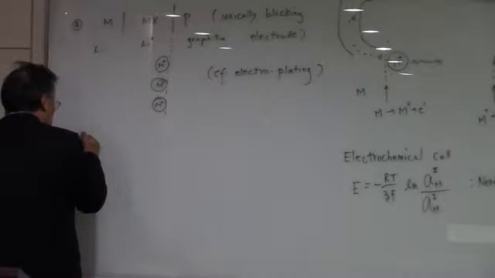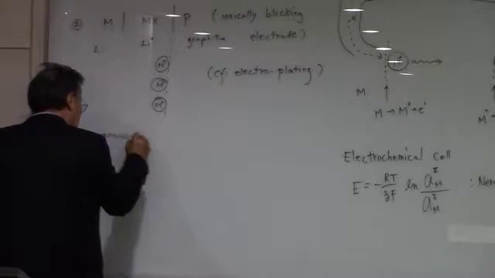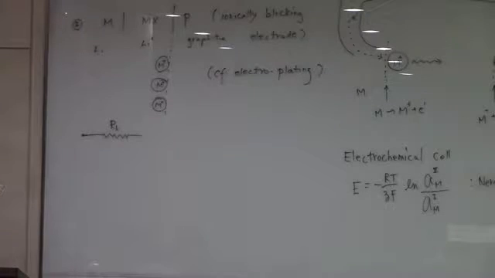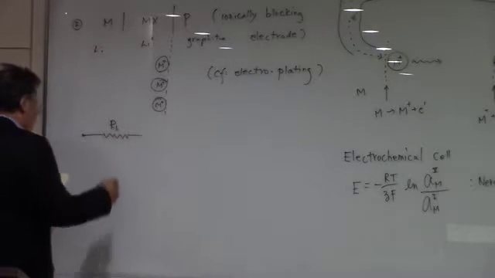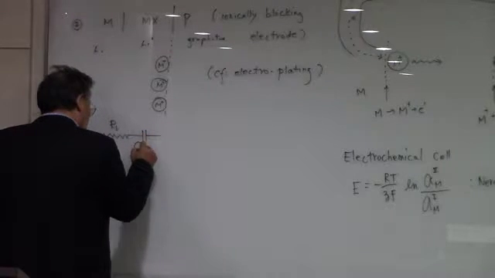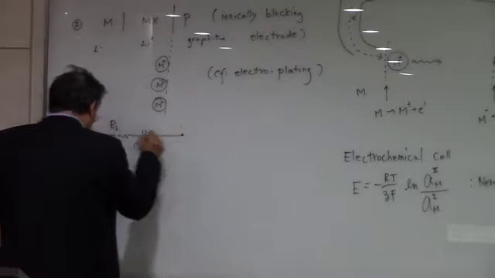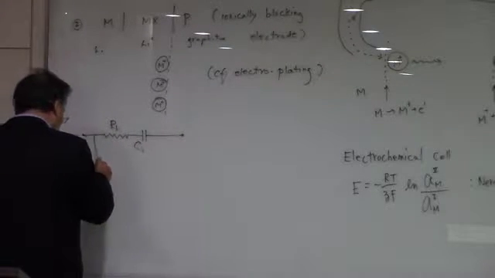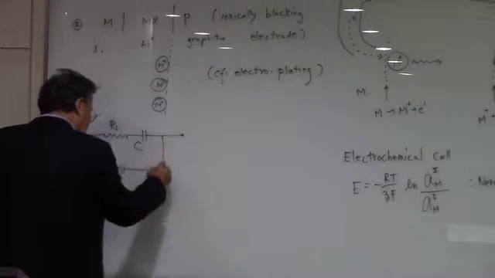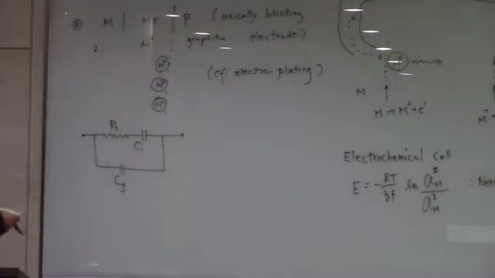Then the electrical circuit analogy is going to be the resistance and the interface capacitance, and then this whole thing is connected in parallel with the geometric capacitance.